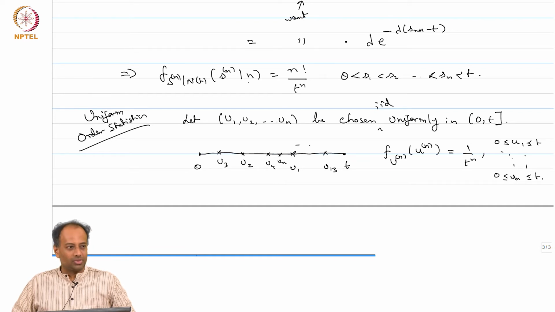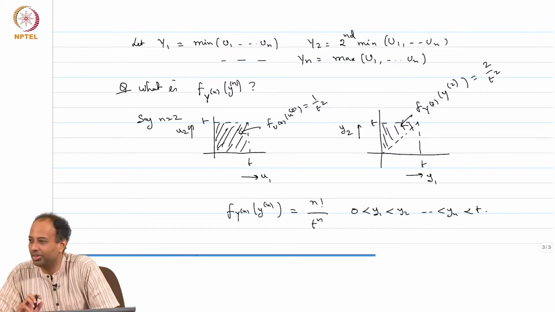So, if I give you two different cases, one coming from this Poisson process, and in the other I just throw n uniforms in 0 to t, you will not be able to tell the difference between what came from a Poisson process and what came from throwing uniform points on 0 to t.